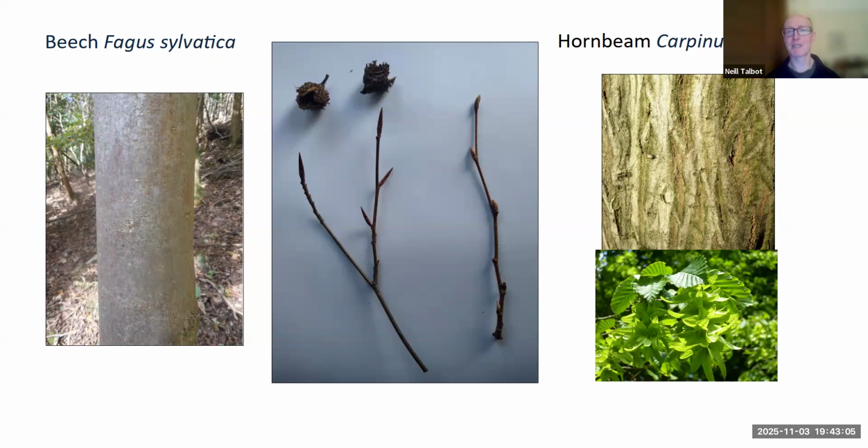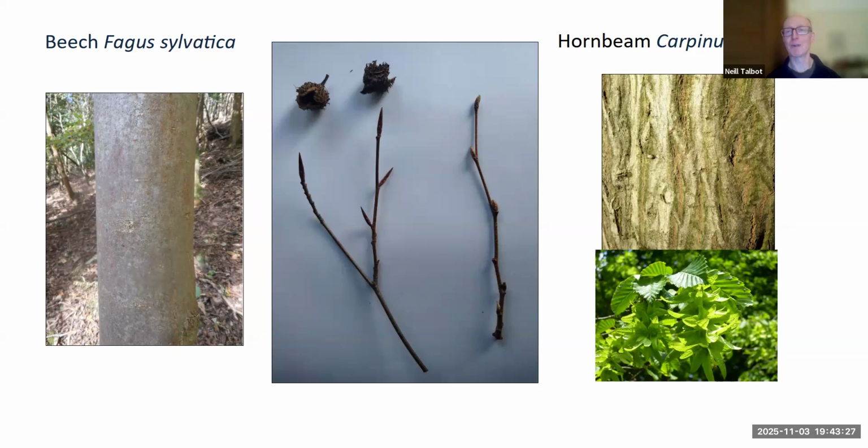And the twigs and the buds. On the beech on the left, the twigs are quite long and slender, and you've got a cigar-shaped bud, very long and pointed, and the buds stick out slightly from the twig.